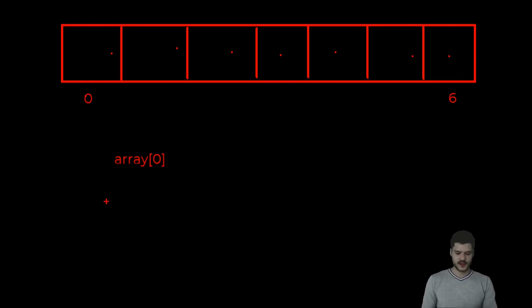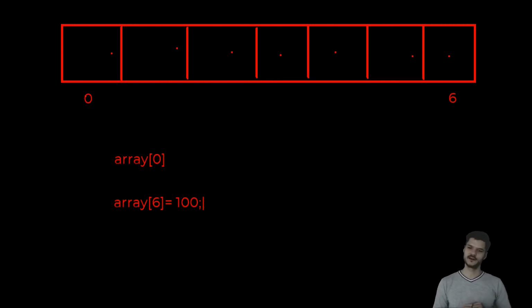Okay, how do we assign values to the array? The same thing. Let's say in the last element we want to save, if we are storing integers, the number 100, right? So this is how we assign values to different positions in the array.